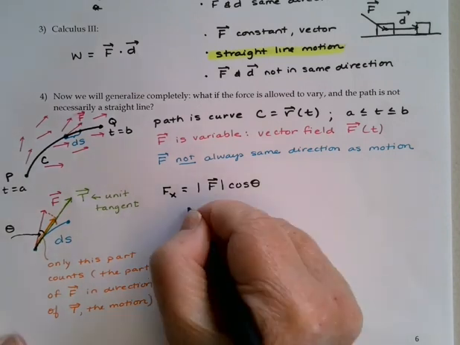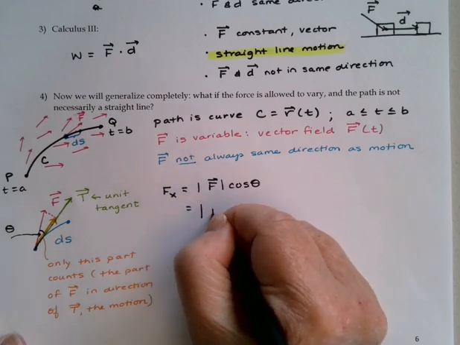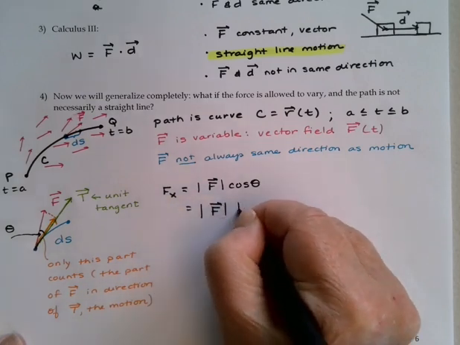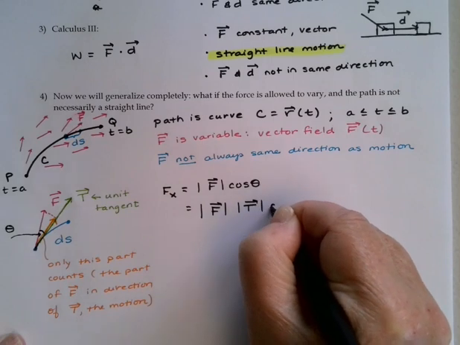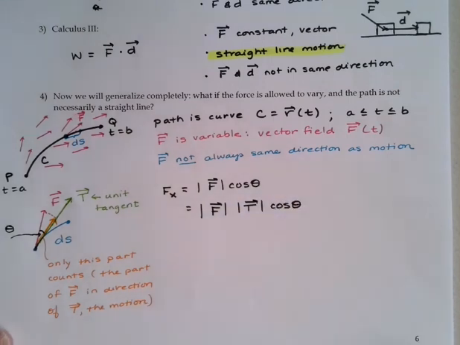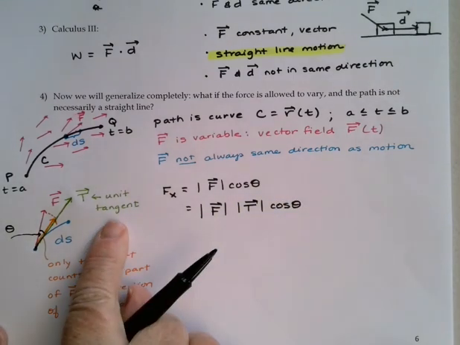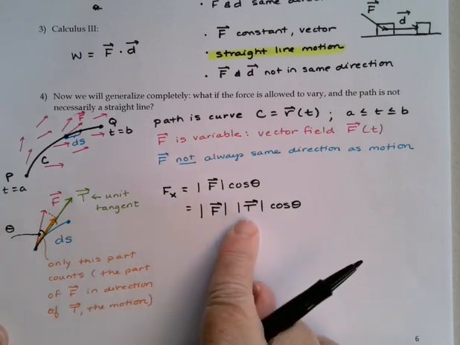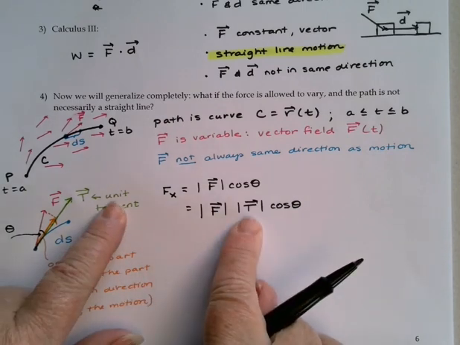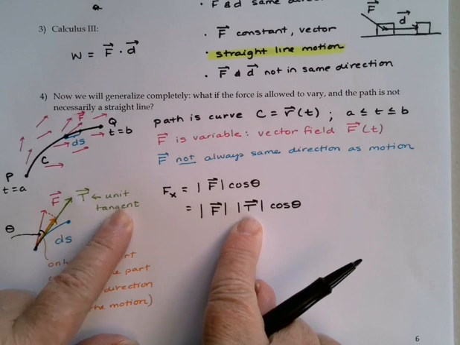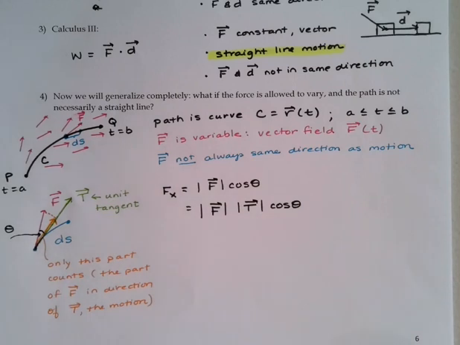All right, I'm going to use a little cheat here. I'm going to throw in an extra factor of the magnitude of T. Why can I do that? Well, remember, T is the unit tangent. So what's the magnitude of any unit vector? Just 1. So all I've really done is put in a multiplier of 1, which of course doesn't change the value of this at all.